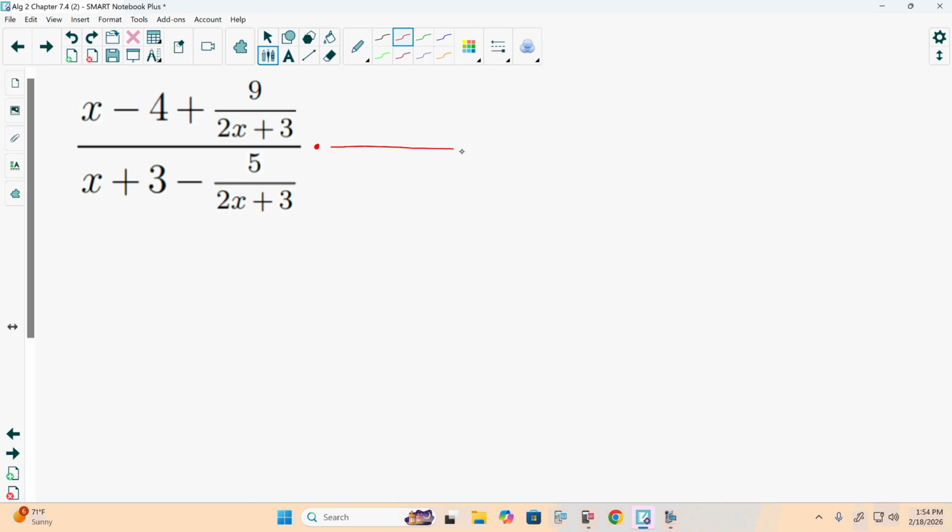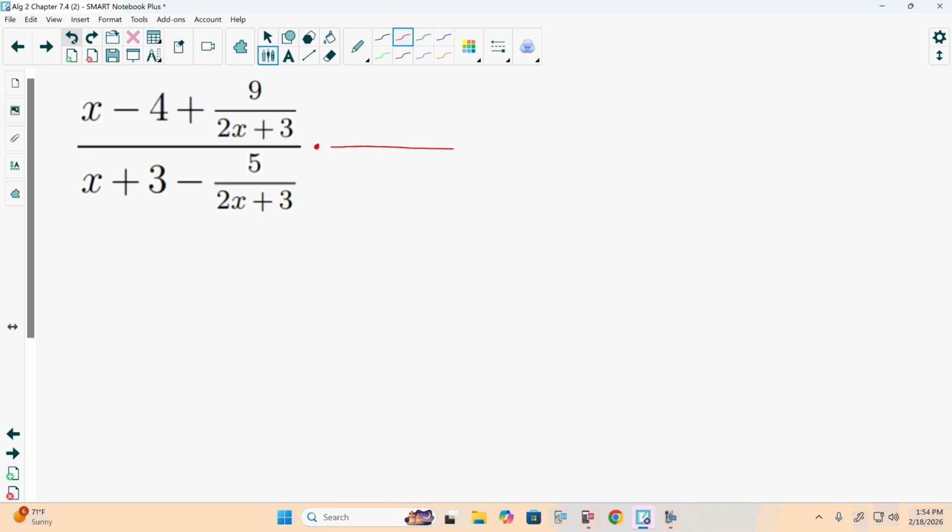I mean, the whole fraction, but they aren't themselves a fraction. So they're not causing an issue, because if it had just been x minus 4 over x plus 3, that's fine. We don't have a fraction inside the fraction. The issue is with the 9 over 2x plus 3 and the 5 over 2x plus 3. That is what we need to simplify.